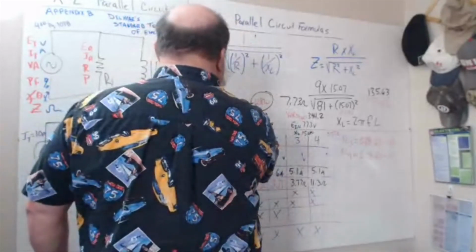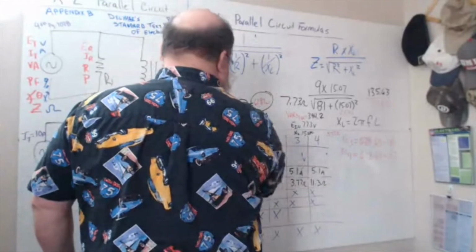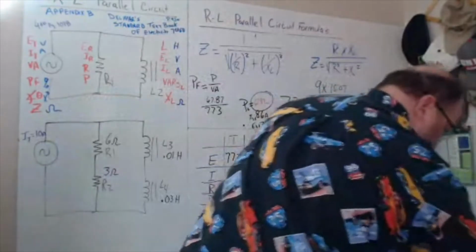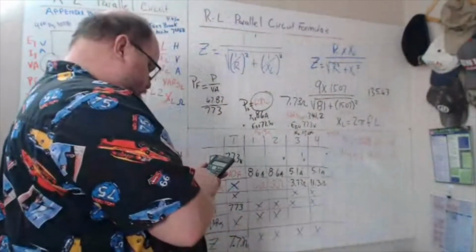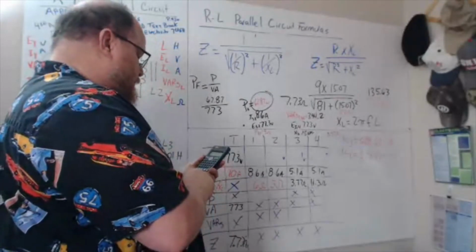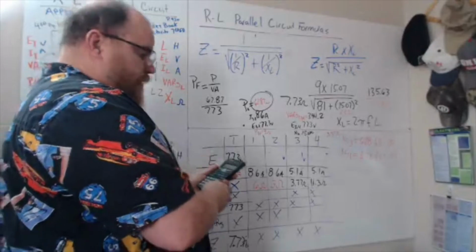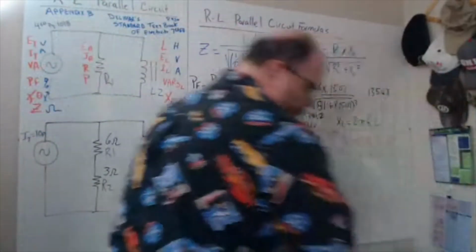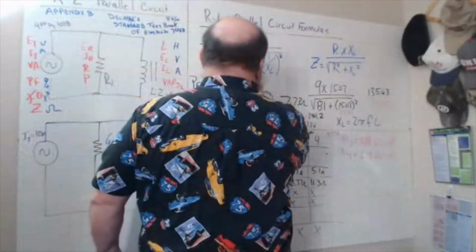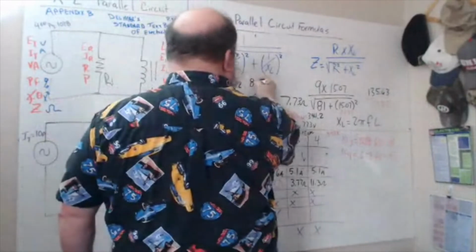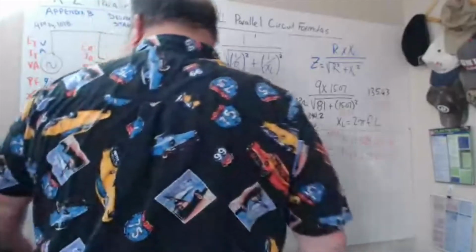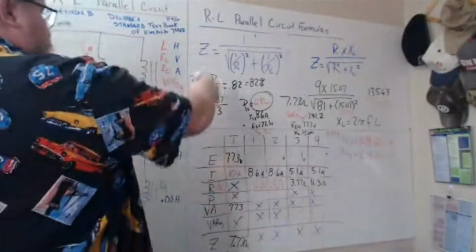So we're going to take 62.87 divided by 773. That's going to give us 0.816. We're going to turn that into 0.82. So it can be written as 0.82 or as 82%. That's our power factor.